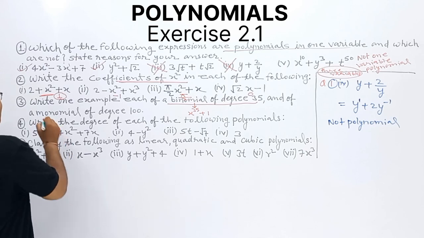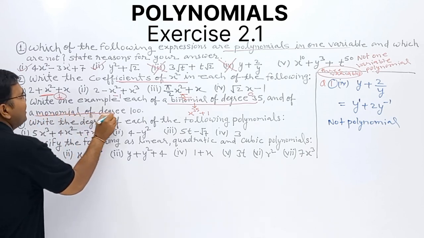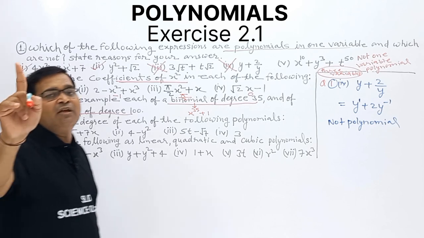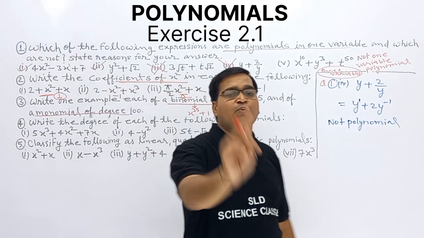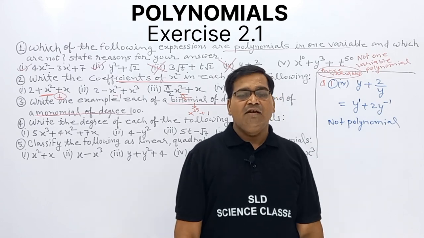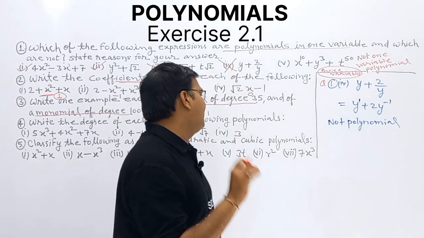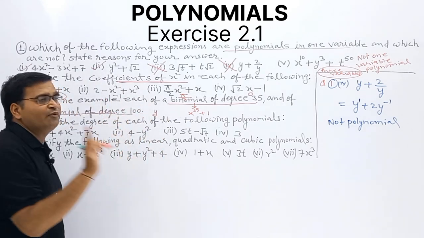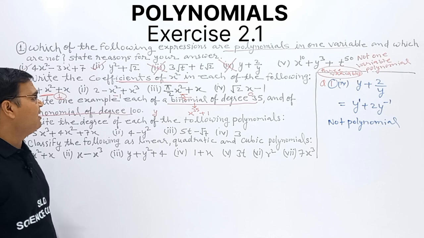Now next one, a monomial of degree 100. What we want? Monomial means only 1 term, but that polynomial's degree will be 100. So how will we write? I am taking y as a variable.